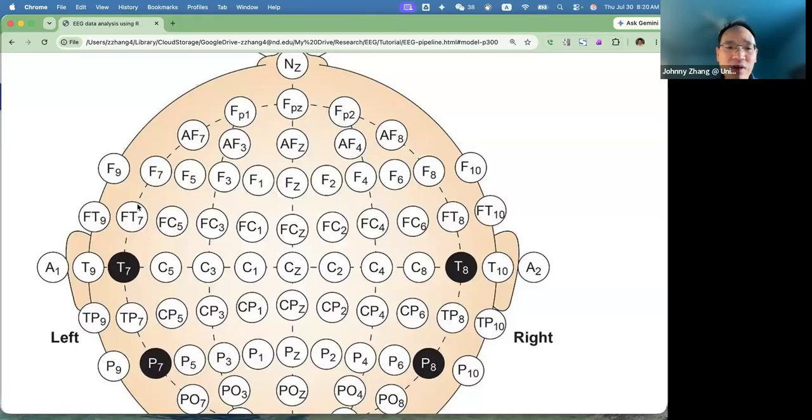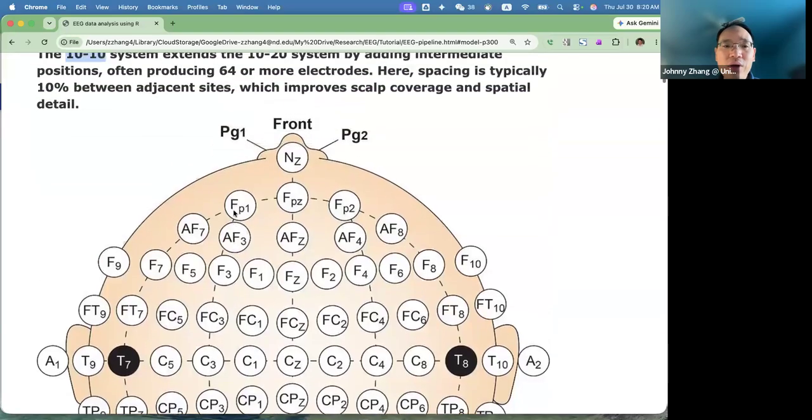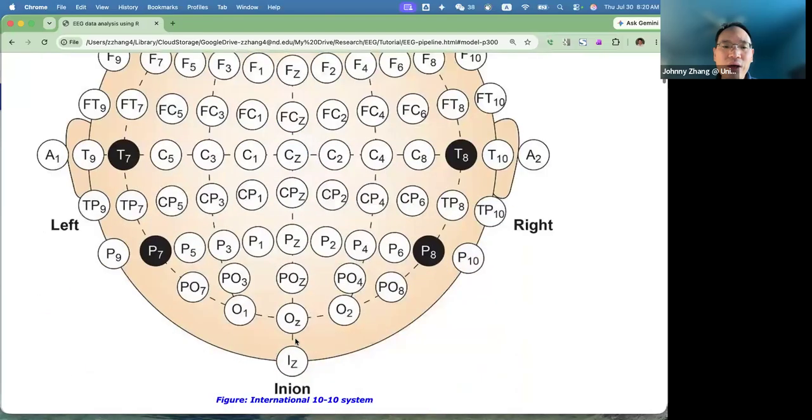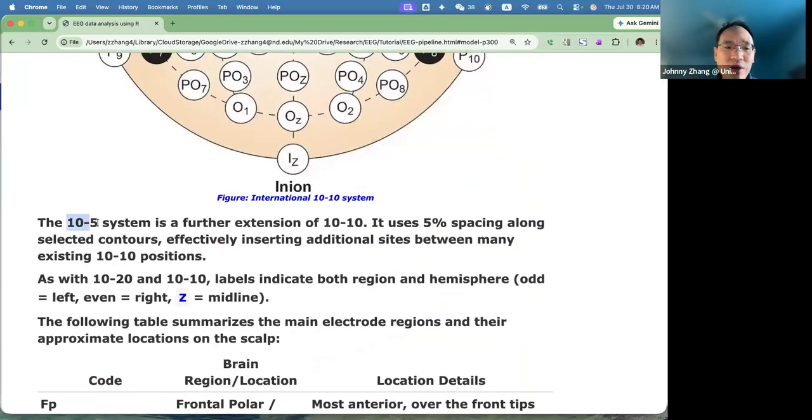So the distance between two electrodes is 10% of the total length, either from the front to the back or from the left to the right. For the 10-10 system, we can often place 64 electrodes on the head. And the latest version, the 10-10-5 system, can place even more electrodes on the head to collect more detailed information of each region of your head.